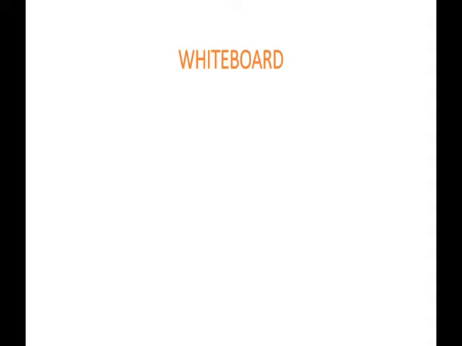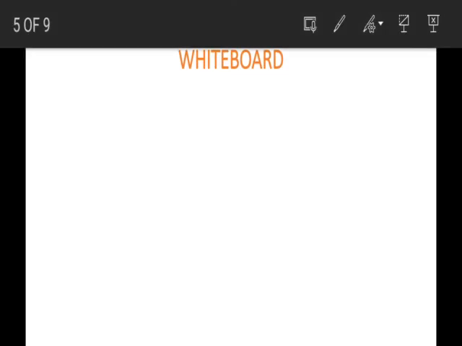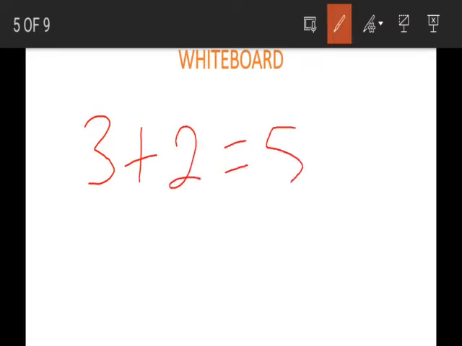You add the 2 numbers at the top together, which are 3 plus 2. And 3 plus 2 is equal to 5.